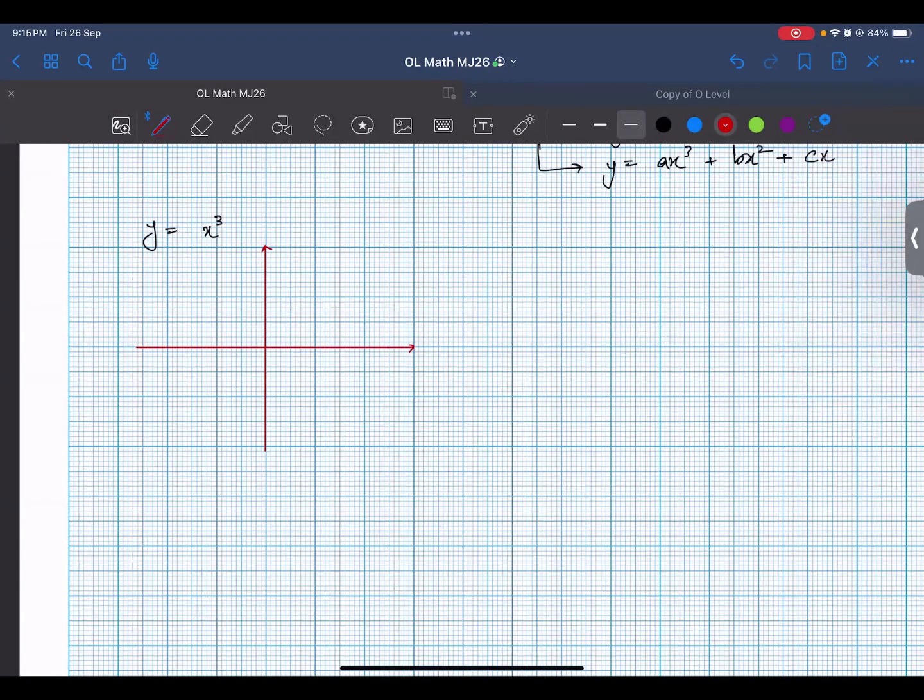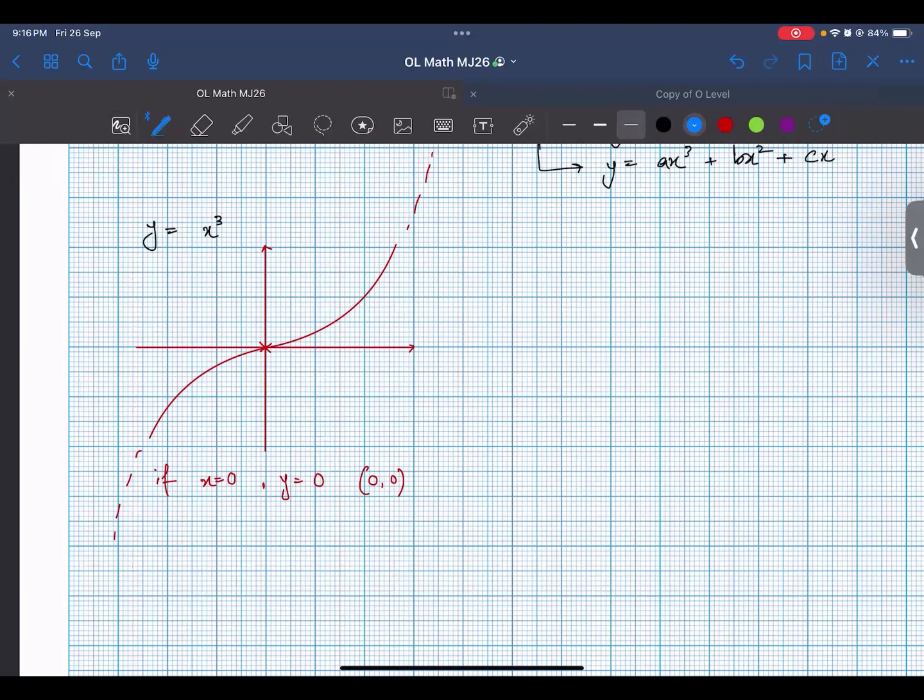It is a curve passing through the origin, because you can see if your x is 0, your y would also come out as 0 cube, which is 0. So the x-intercept and the y-intercept is the origin. And the graph would come like this. It would start from the third quadrant and it would go towards the first quadrant, like this. And it would keep on going up and down over here.